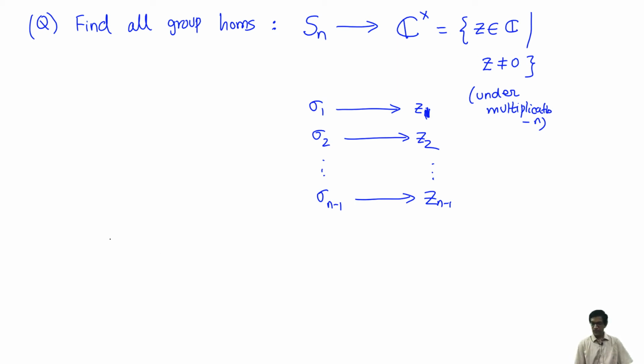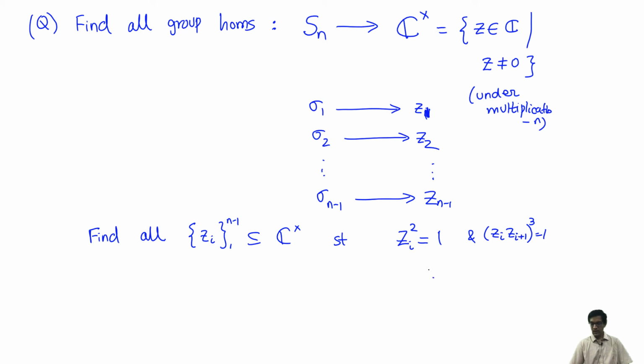So finding all group homomorphisms is the same as saying, rewording the question: find all collections of zi, i from 1 to n-1, of non-zero complex numbers satisfying the following relations: all zi squared are 1, where 1 is the identity for the multiplication operation, and (zi zi+1) cubed is 1, and zi zj squared is 1 for all j greater than or equal to i+2.